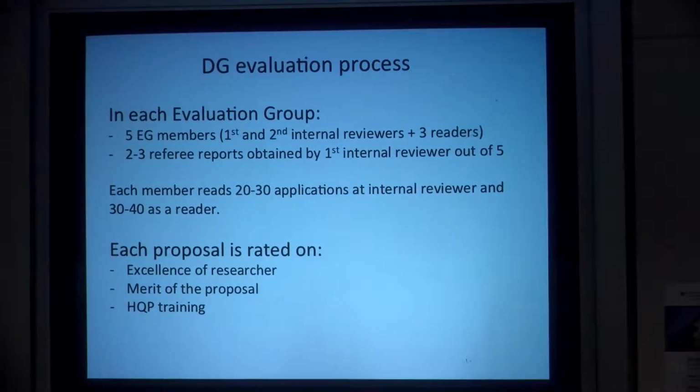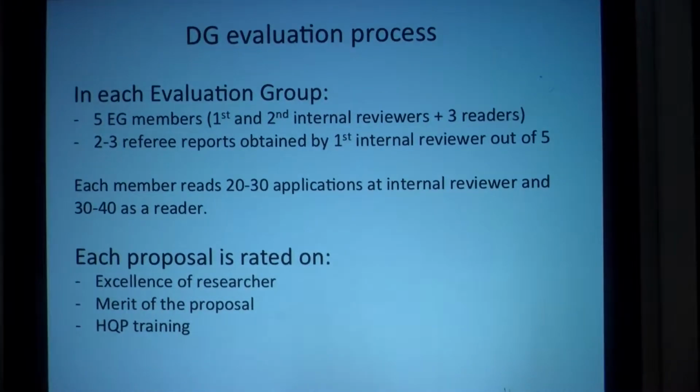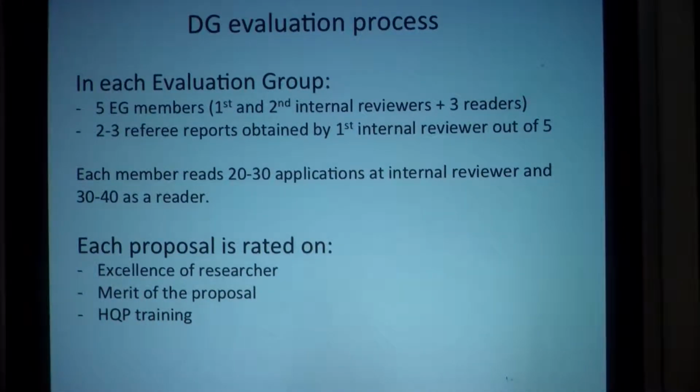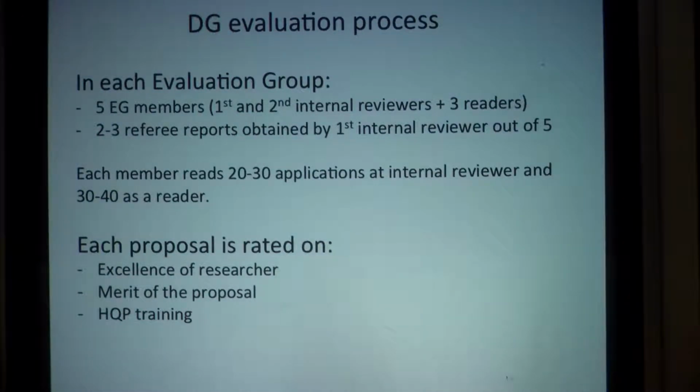So let me get started briefly with a typical Discovery grant evaluation process. So typically in each evaluation group, you have 5 members who are going to be reviewing your proposal. 2 are so-called internal reviewers, and you have 3 readers. And you also have 2 to 3 referee reports depending on availability.